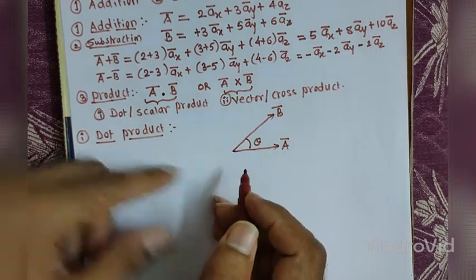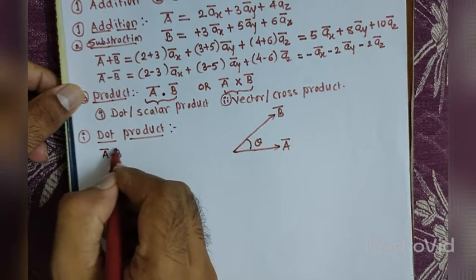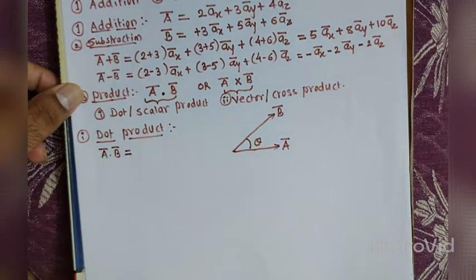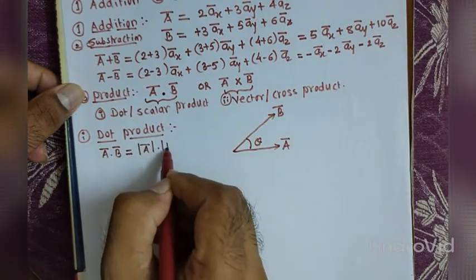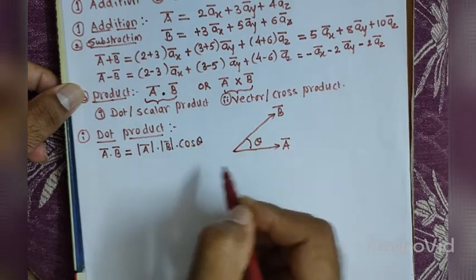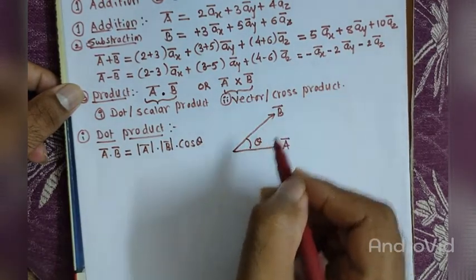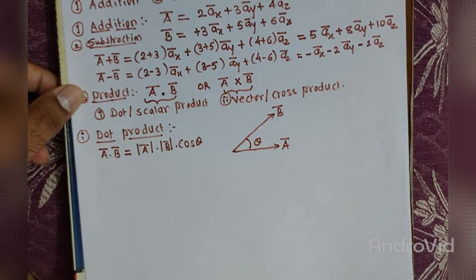Okay, so how can we define now vector a bar dotted with b bar? It has a standard definition: mod of first vector into mod of second vector into cos of the angle between these two vectors. So what is the angle between a bar and b bar? Theta. So cos of the angle theta. This is the standard definition of dot product.